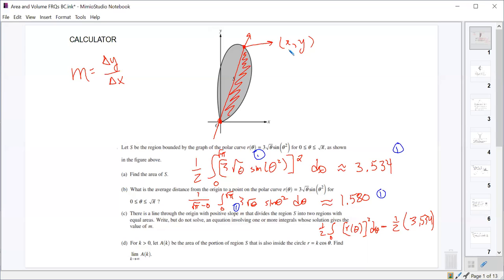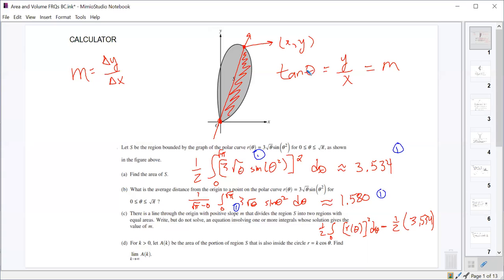And so we could then say that the tangent of theta is equal to y over x, right? Isn't that one of our equations in polar coordinates? And the slope of this line should just be equal to, since we're going from the origin, y over x, should be equal to our slope.